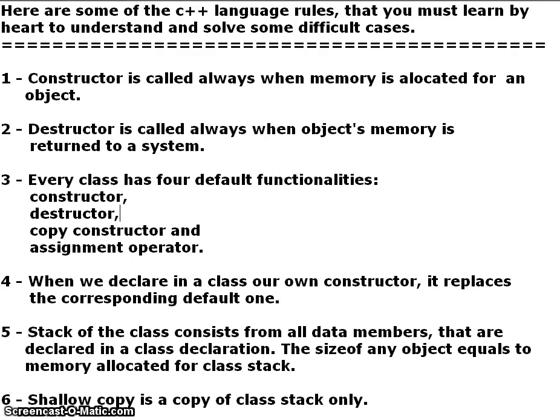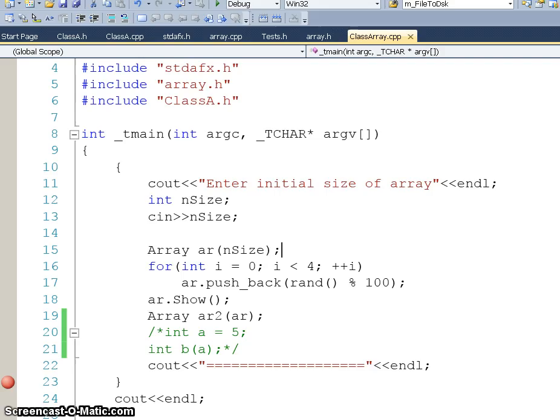Let's look at the rules. This rule: every class has 4 default functionalities: constructor, destructor, copy constructor, and assignment operator. So we have the copy constructor here.